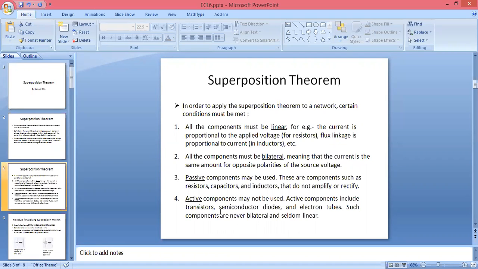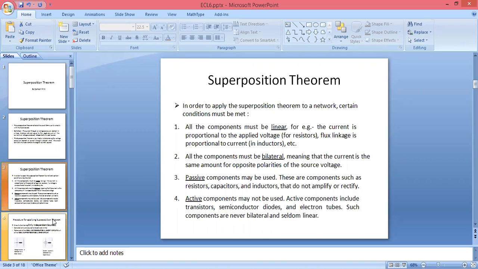Active components, which can amplify or control the value of voltage or a source, cannot be used in superposition theorem. And the active components, if you see, transistors, semiconductor diodes, electron tubes, these components are neither bilateral nor seldom linear. So we cannot use these active components in a superposition theorem.